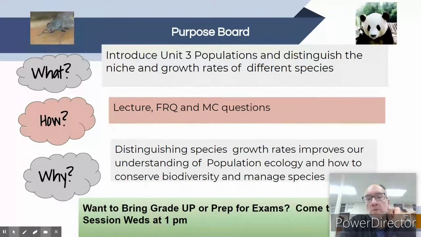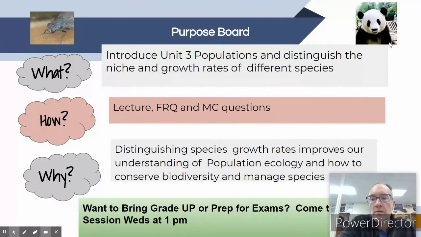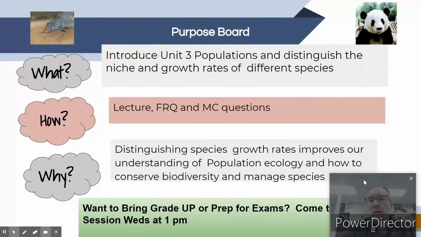And why is because we want to distinguish population growth rates of different species so that we can conserve biodiversity. We can also manage populations of things like invasives. So population ecology is really important. And when we get into human ecology, or human populations, it's going to have a significant impact when we talk about things like ecological footprint.